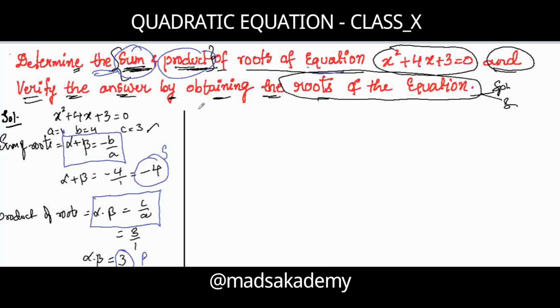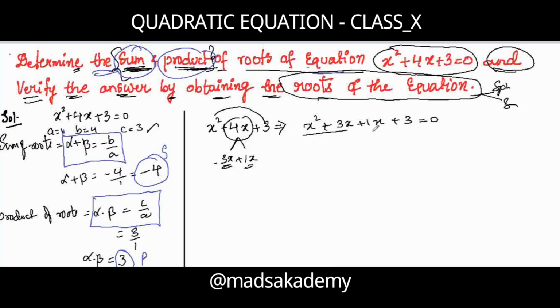It is a very simple equation, that is x square plus 4x plus 3. I can split 4x as 3x plus 1x, right? So 3x plus 1x is 4x, and plus into plus is plus, 3 into 1 is 3, which is our extreme. So x square plus 4x can be written as x square plus 3x plus 1x plus 3 equal to 0.